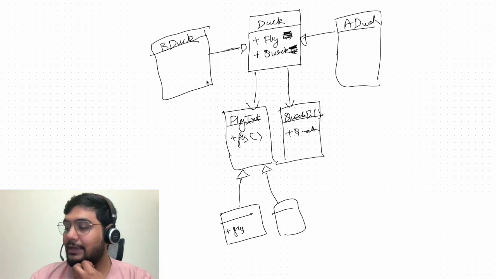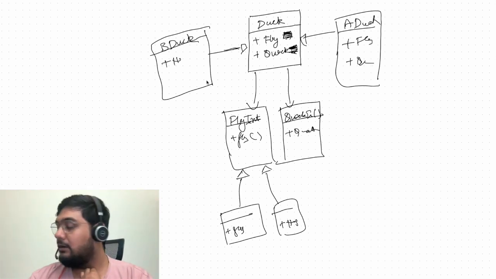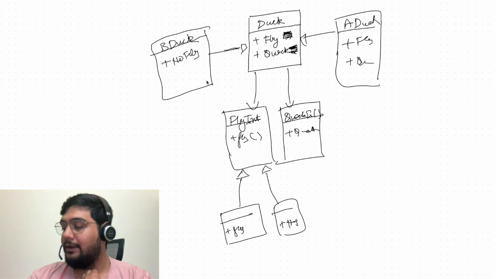If I want, I can directly inherit these classes while initializing the ducks. So let's say this is fly, this is quack, and I need no fly here, so I will inherit no fly, and I will inherit quack here.